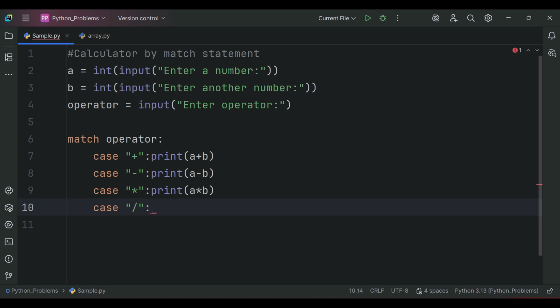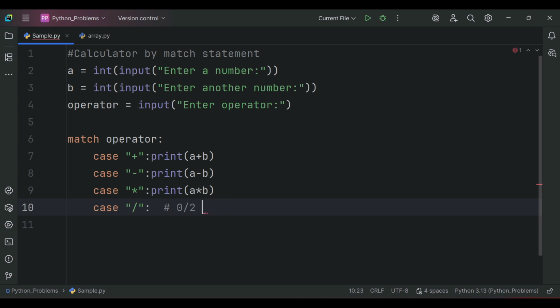In division, suppose two numbers are there, a and b. If a by b, and the numerator is 0, the answer will be 0. When 0 is in the numerator, the answer will be 0.